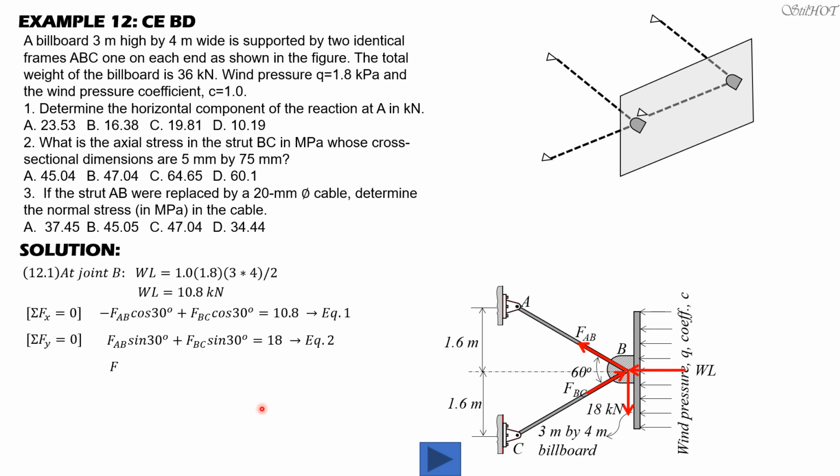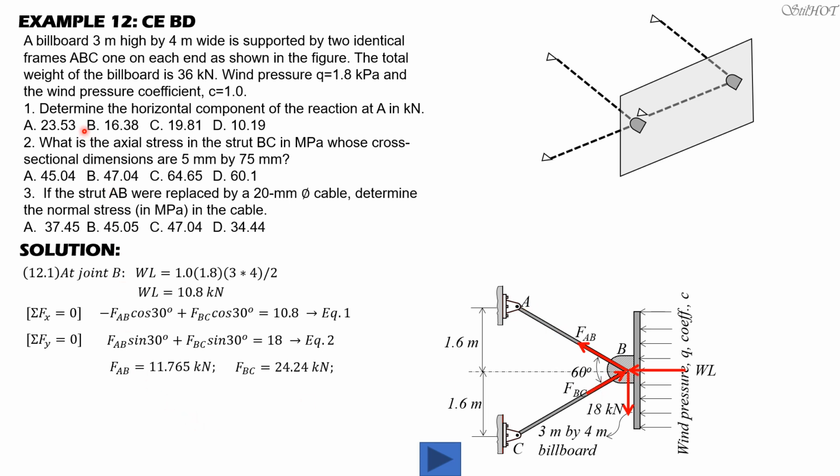So solving these two equations simultaneously, we have FAB equals 11.765 kilonewtons and FBC is 24.24 kilonewtons. All are positive, so that means our assumed sense of these forces is correct. So FAB is tension, FBC is compression.